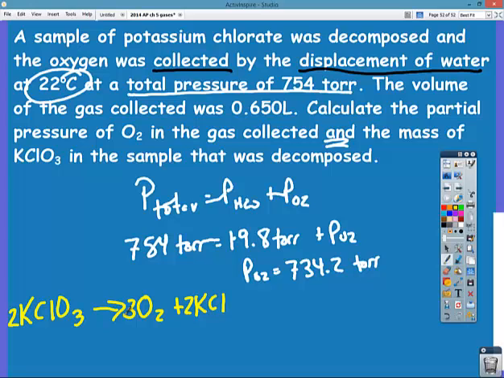Well, we know the pressure of oxygen, the volume of oxygen, we know the temperature it was collected at, so we can use PV=nRT to figure out our moles. Our pressure, though, is in torr, so we need to convert that to atm.